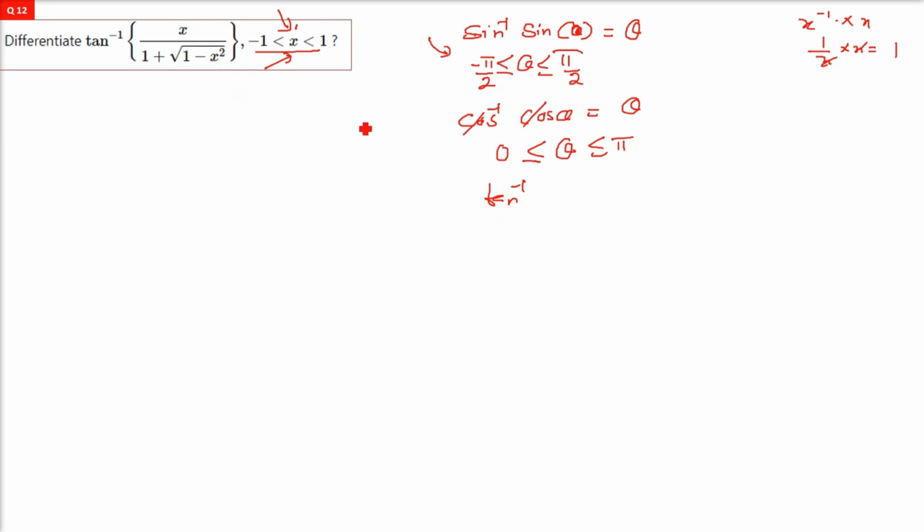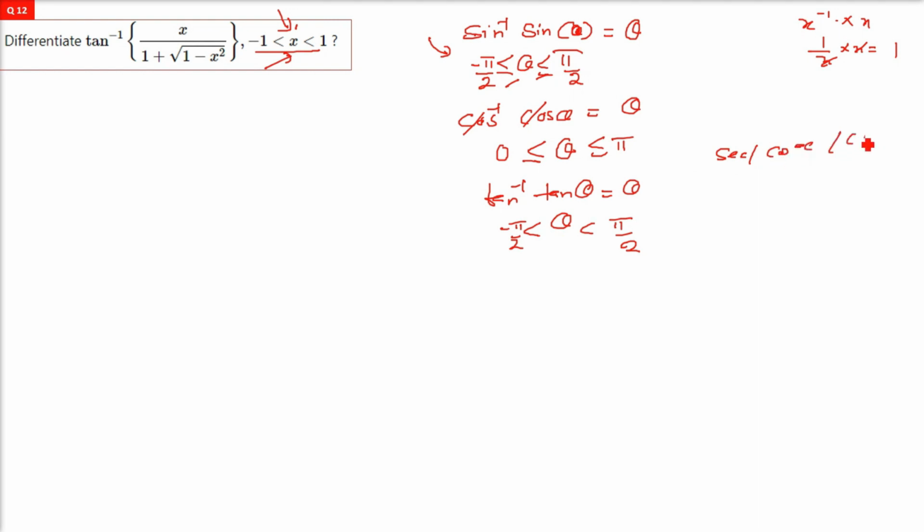And this question is tan inverse. So if you have tan inverse tan, that theta will come out only when theta is between negative pi by 2 and pi by 2. So in sine it was inclusive, here it is not inclusive. If you know the graph of sine, cos, tan, then you will be able to tell, oh yes, this is correct.